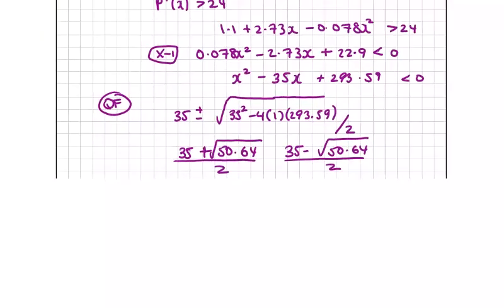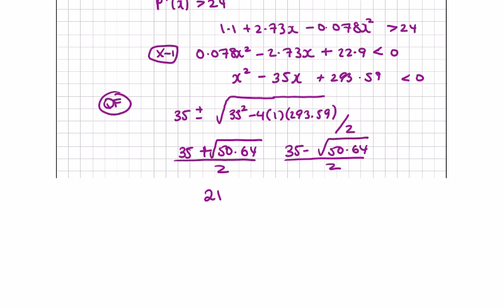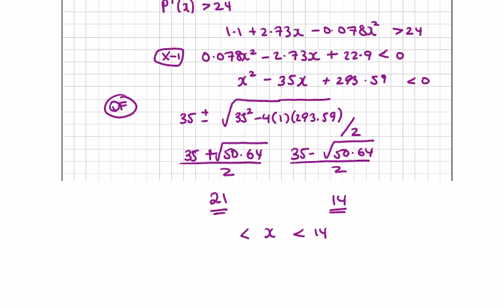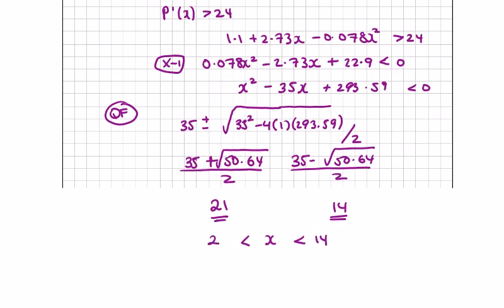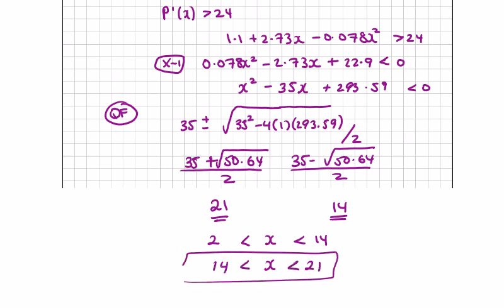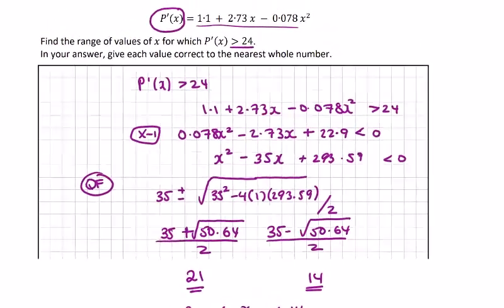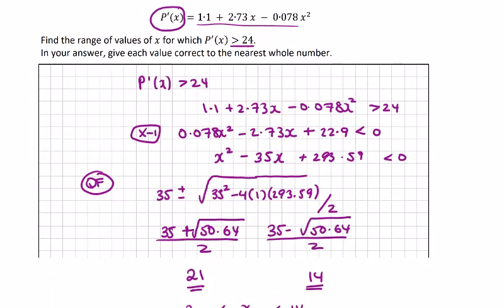So that's 21 and 14 if I round to whole numbers. So x less than 14 greater than 21, actually the wrong way around, x is between 14 and 21 to make this expression greater than 24.